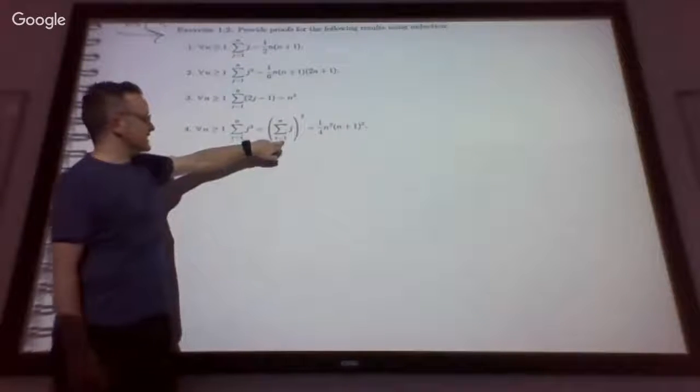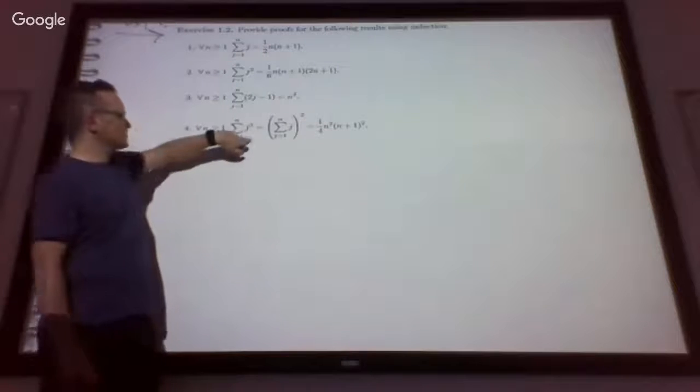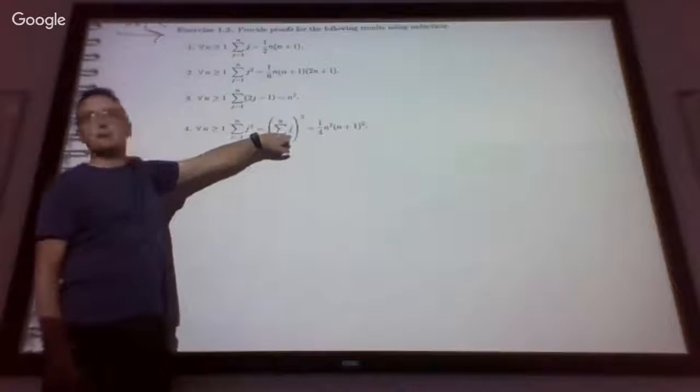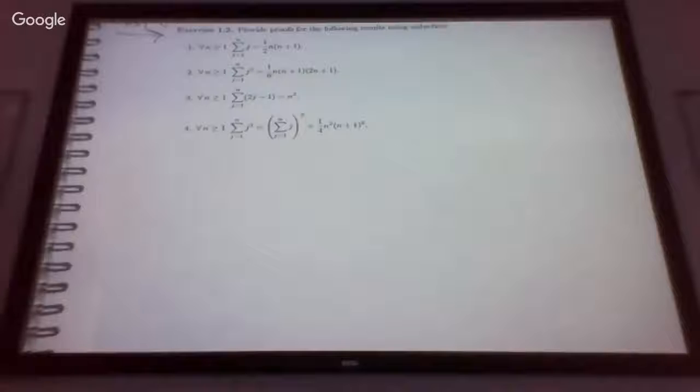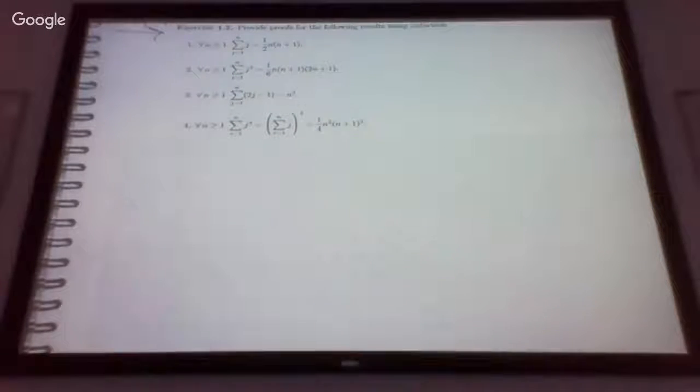So this is just a little comment that this thing that is equal to the sum of the cubes is in fact the square of the sum. Okay? So it's interesting that the sum of the cubes is equal to the square of the sum. Something about that. Let's do question 4.